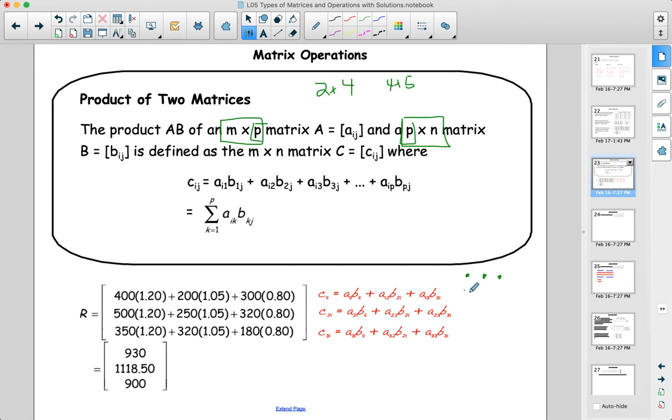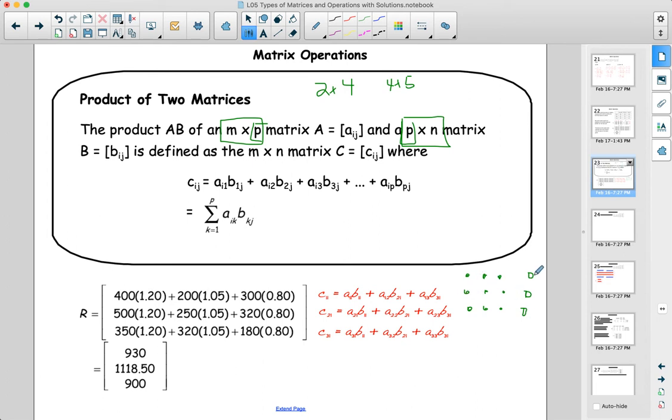And again, just going to show you how this was written. So we had a 3 by 3, and then we were multiplying by a 3 by 1. So we take the first row, we multiply by the first column. This times this, that times that, that times that. This one would be obtained by multiplying this row by this column.